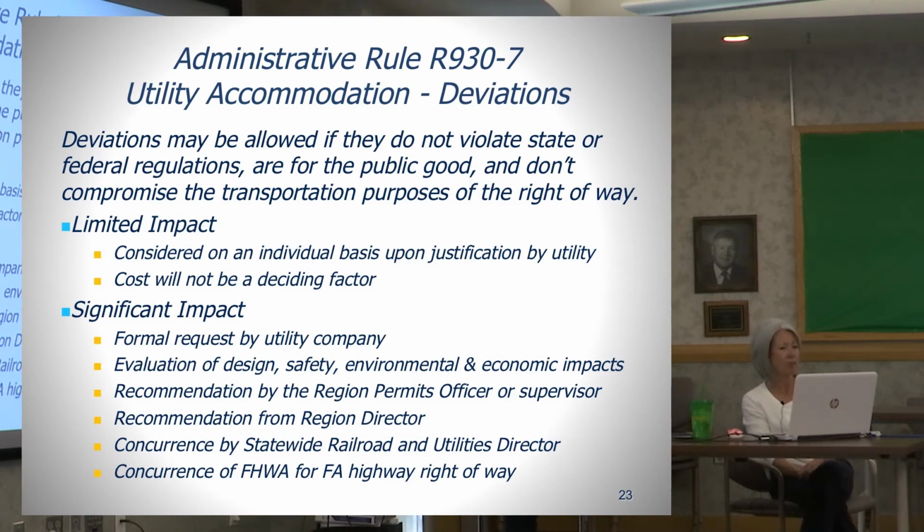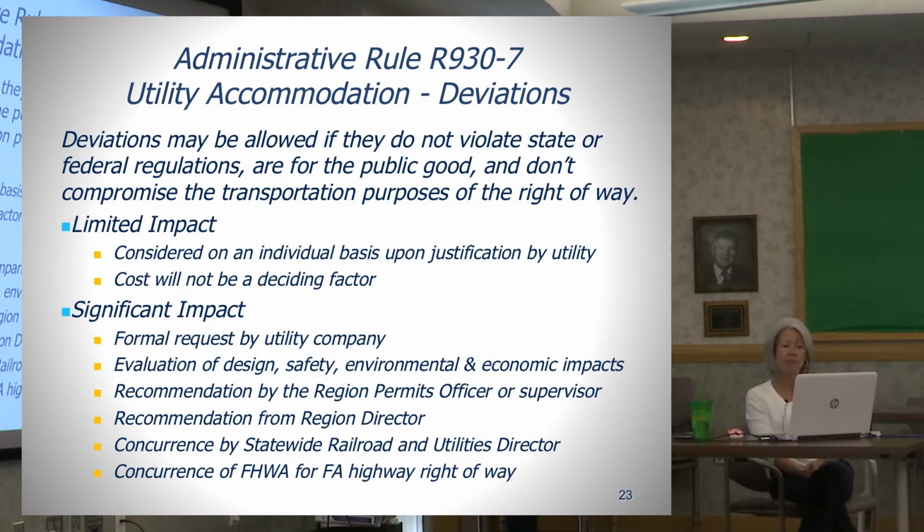If you have a situation, a utility does or a project does, where a minor deviation from the strict standard of the administrative rule, as long as it doesn't violate state or federal regulations, it's for the public good, and it doesn't compromise the highway in any way, then deviations can be used and documented to allow utilities to have minor adjustments for a larger purpose.